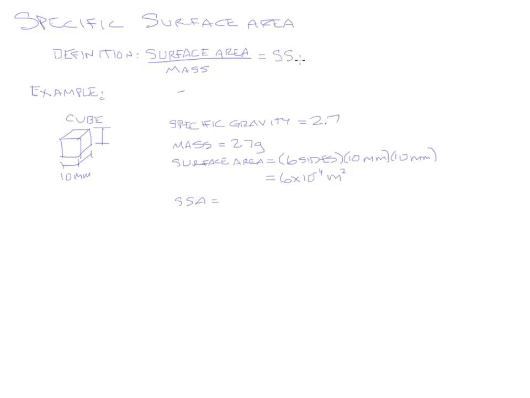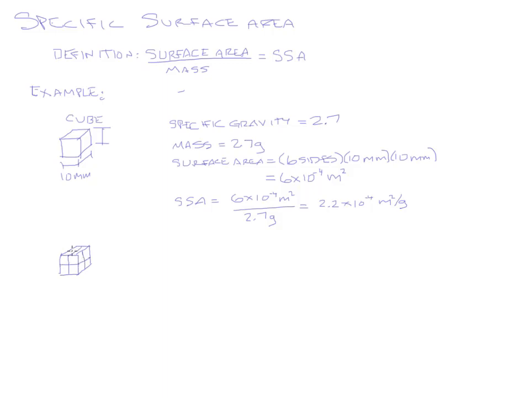So computing the specific surface area now, using the term SSA to represent it, we have 6 times 10 to the minus 4 meters squared divided by 2.7 grams, which is 2.2 times 10 to the minus 4 meters squared per gram. This turns out to be a pretty small specific surface area. We wouldn't expect surface interactions to be a contributing factor for this particle.